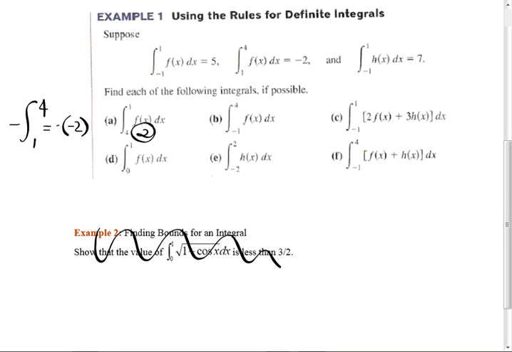What's now this one? Okay, Jack thinks it's 3 because you added the area from -1 to 1. By the way, just because the integral of f is positive doesn't mean that f of x is always positive.